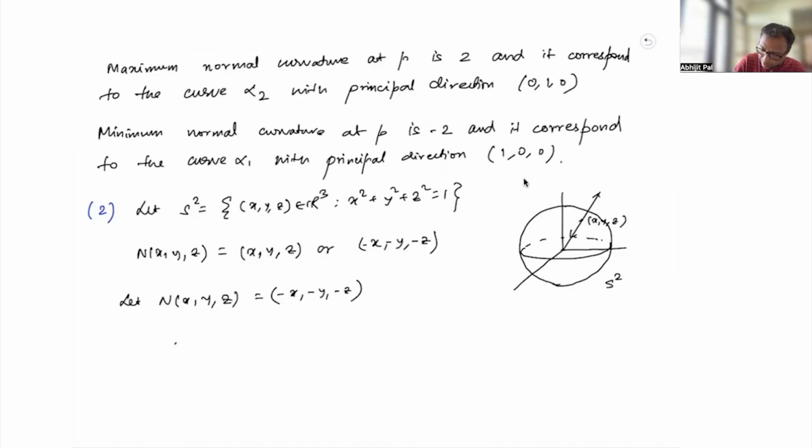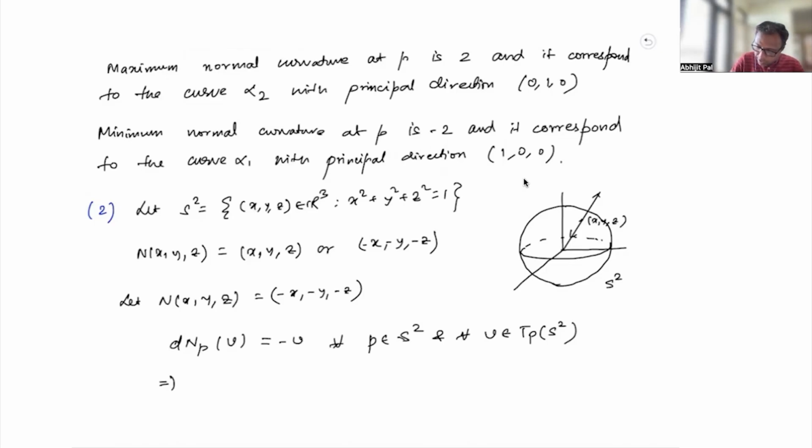And from this, if you compute the differential of this N at any point P, where P belongs to S2, then dN_P(v) will be equal to minus v, for all P in S2 and for all v belonging to the tangent space of S2.